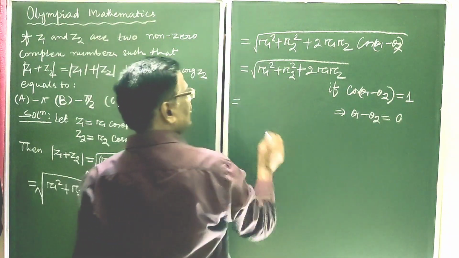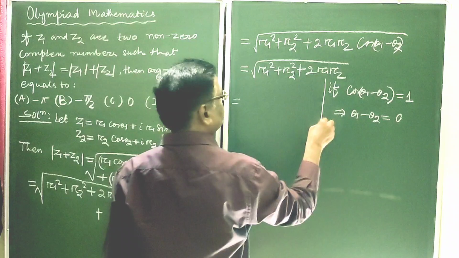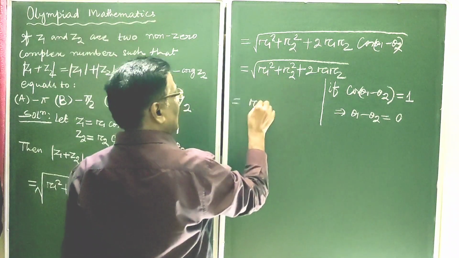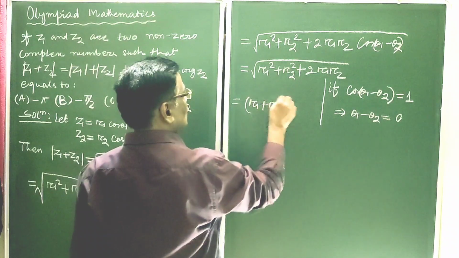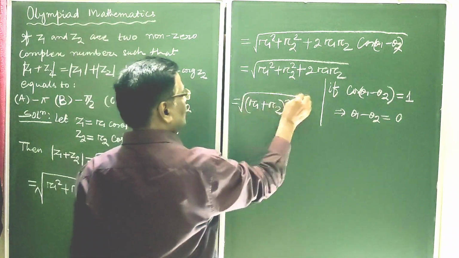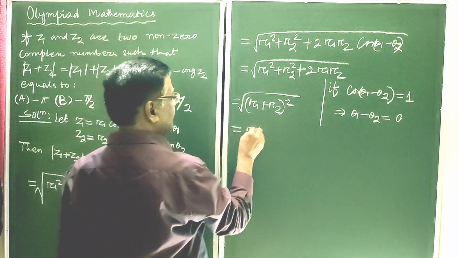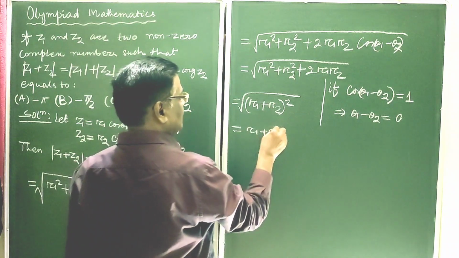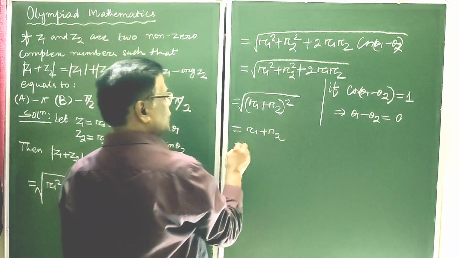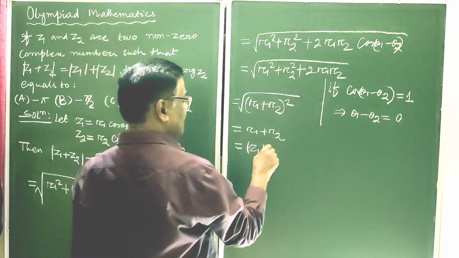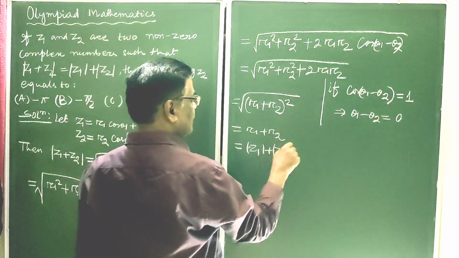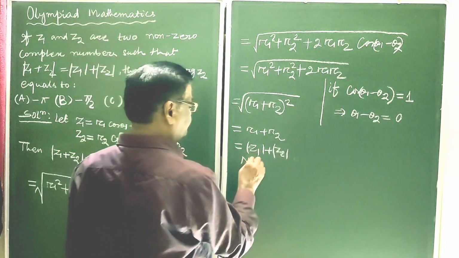So here it will be the square root of R1 plus R2 whole square. This is equals to R1 plus R2 which is equal to mod Z1 plus mod Z2.